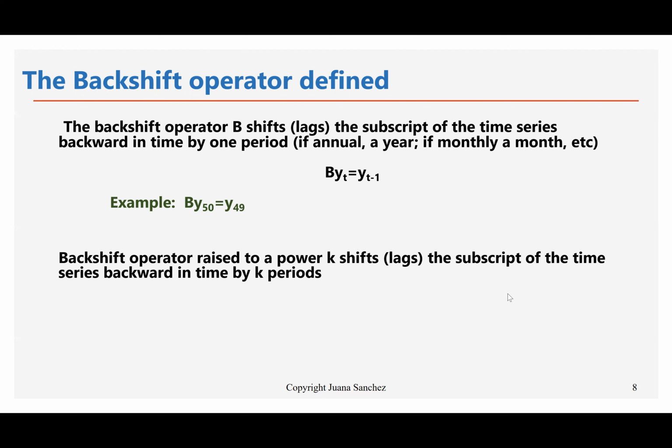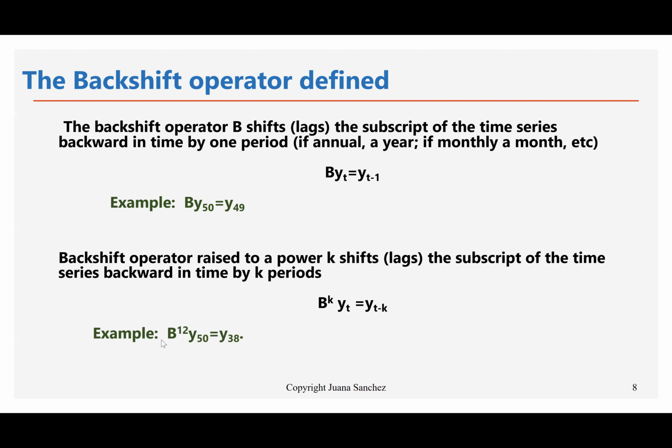So y sub t minus 1 here is the observation at index 49, okay? And B raised to the power k lags the subscript of the time series k periods. So B to the power k applied to the time series observed at time t gives the value of the time series at time t minus k.